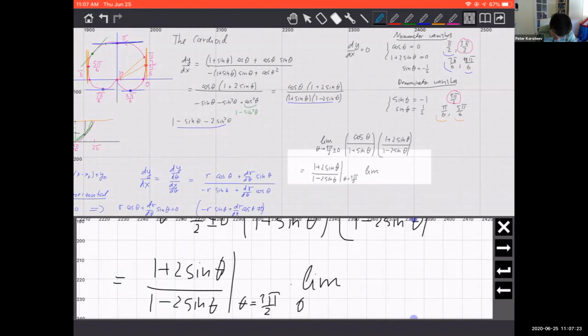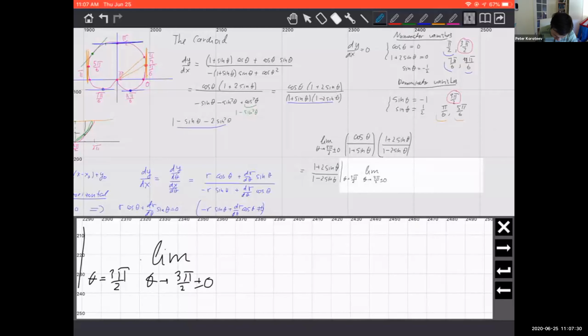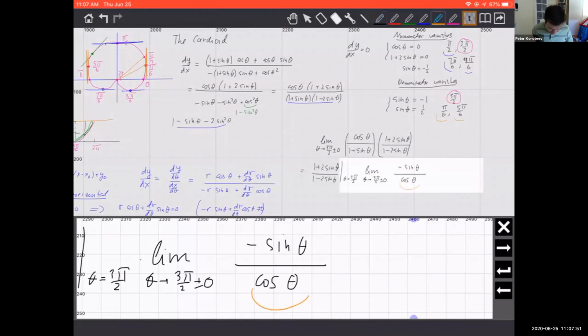So times the limit as theta approaches 3 pi over 2 plus and minus 0. Then we differentiate the numerator, it's minus sine theta, and the denominator is cosine theta. And indeed, we see that it blows up, right? Sine of 3 pi over 2 is a well-defined expression, it is -1.